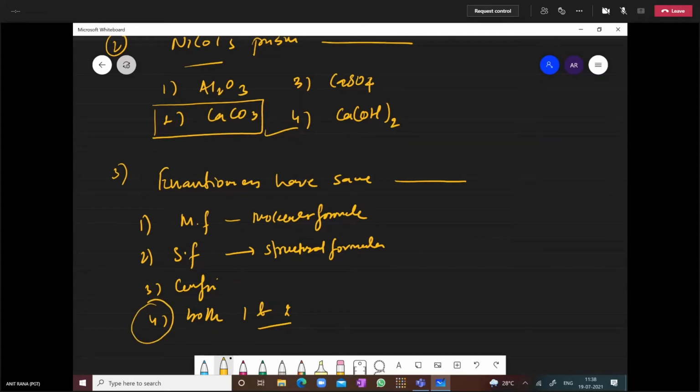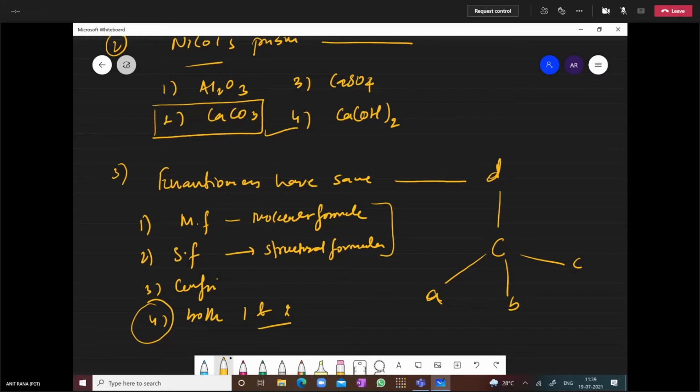The fourth is right because their only difference is a mirror image, not in the formula. If you take a carbon and attach four groups A, B, C, D, and you observe from any direction, it is going to remain the same. Its structure also remains same and molecular formula also remains same.